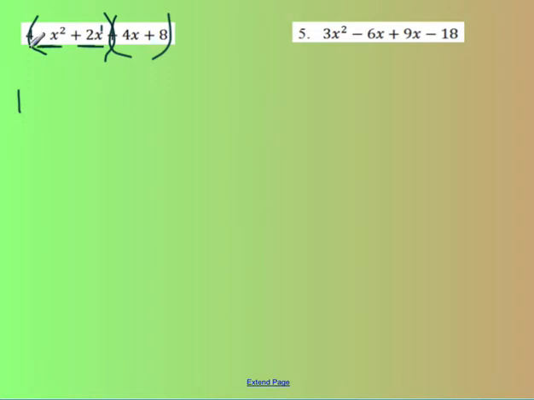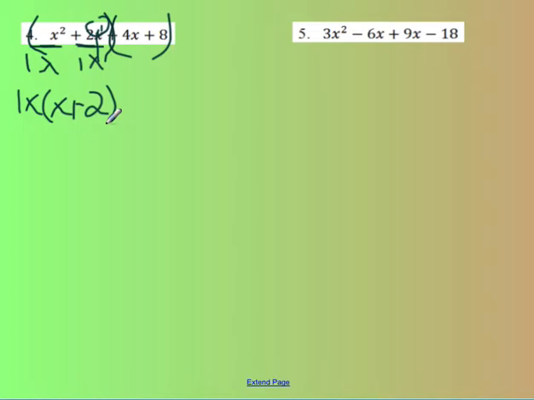Then I have x squared and x to the first, so the smallest amount of x's I have is x to the first. So now I'm going to divide each of these terms by 1x. Well, x squared divided by x, so 2 minus 1, is just going to leave you with x. 2 divided by 1 is 2, and x over x is going to cancel out. So then we're left with x times x plus 2.